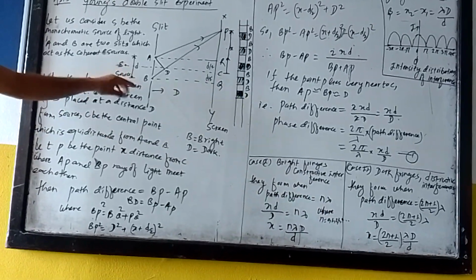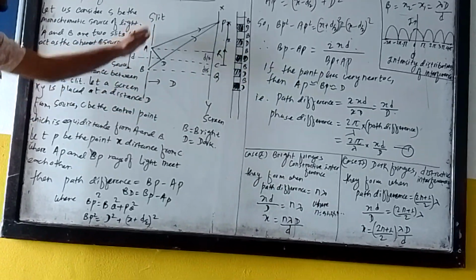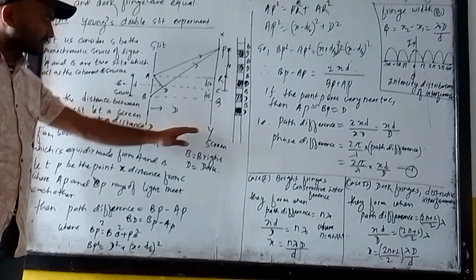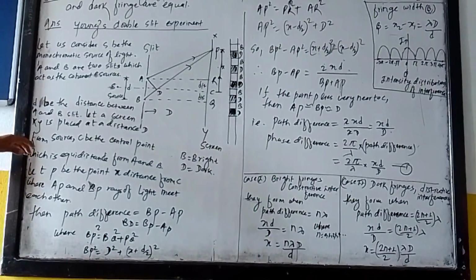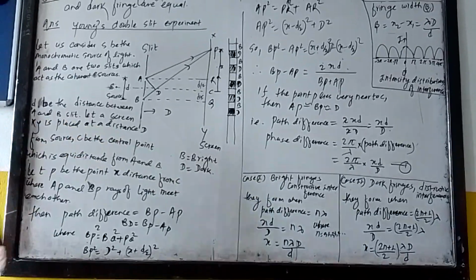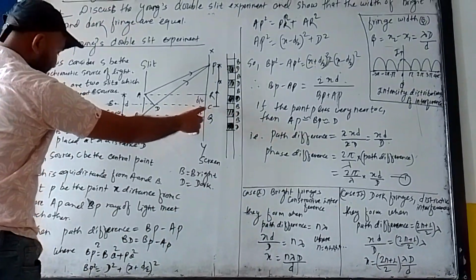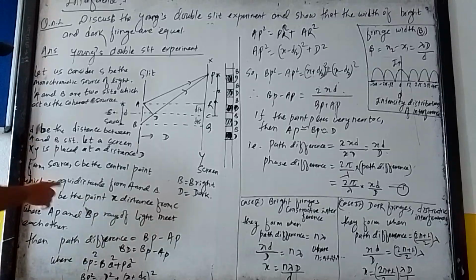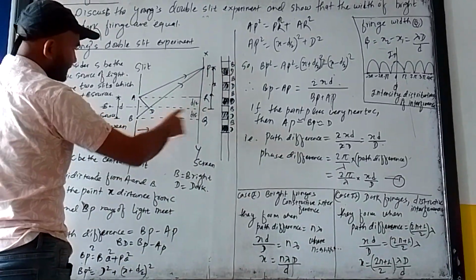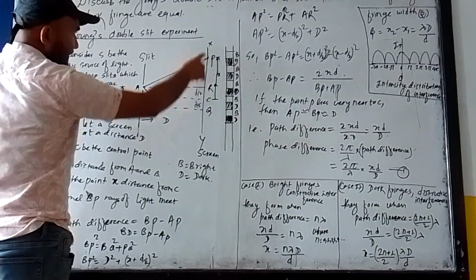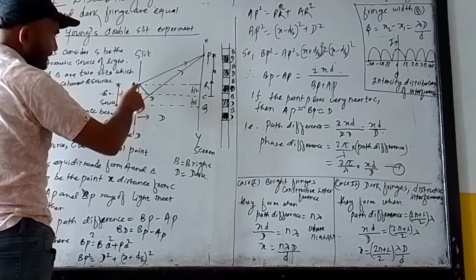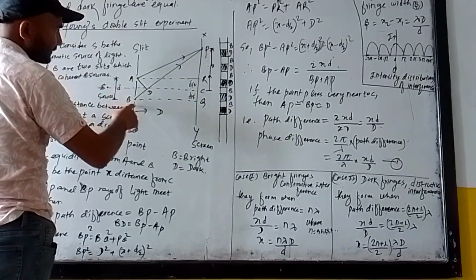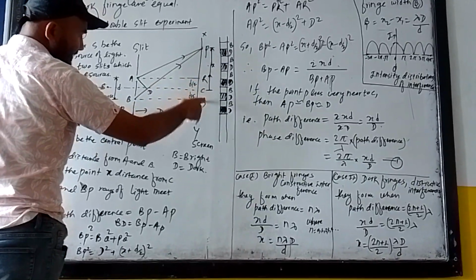Here is the source S and this is a slit. The central point C on the screen is at equal distance from A and B, which is the same as RC and CQ.